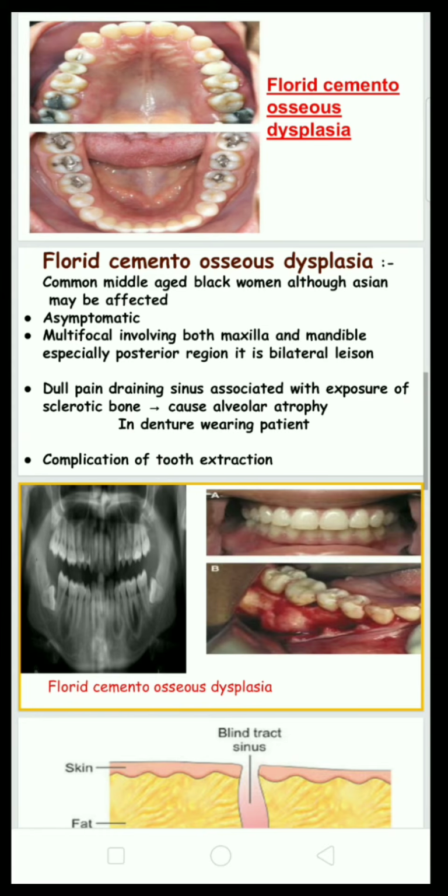The ulceration leads to infection of the bone, which already has insufficient blood supply, and that leads to osteomyelitis. So there are serious complications with tooth extractions.